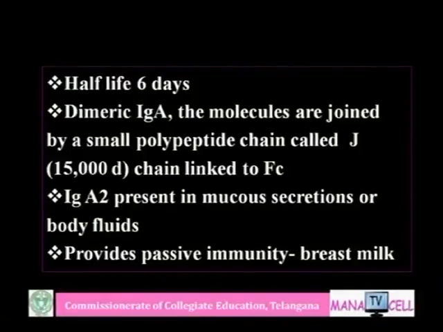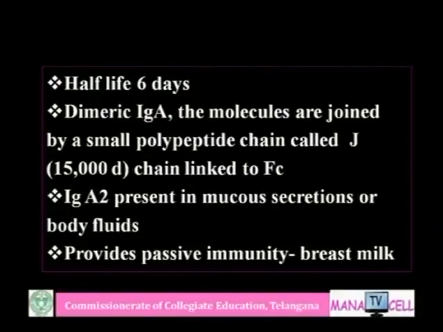These dimeric IgA immunoglobulins are joined with the help of a small peptide known as the J chain. It has a molecular weight of 15,000 Dalton, and this J chain is linked with the Fc region. The J chain has a large amount of cysteine-rich amino acids.